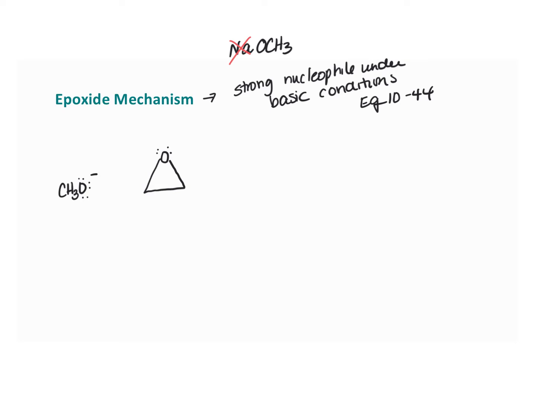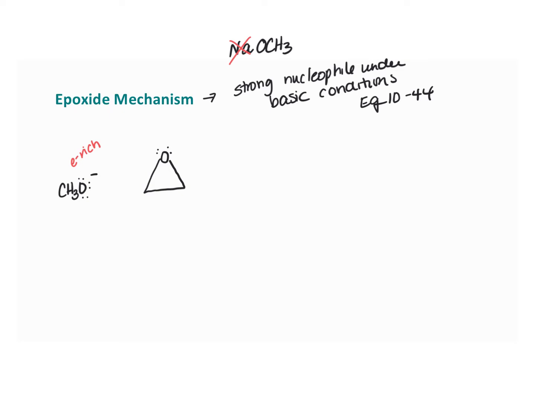Just like before, CH3O minus has a negative charge, so that's very electron rich.